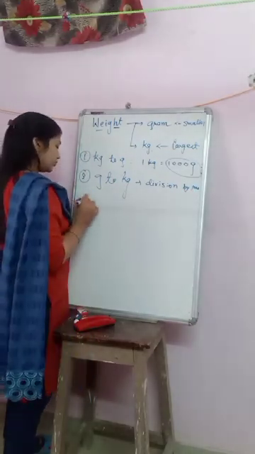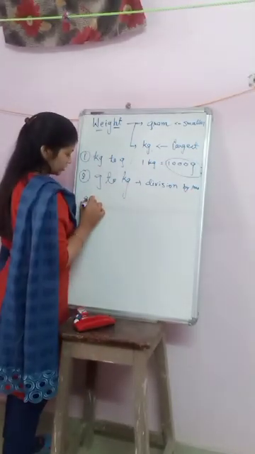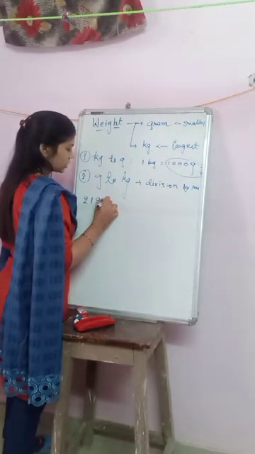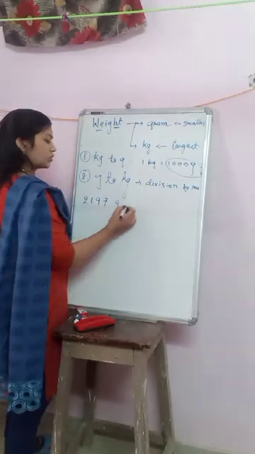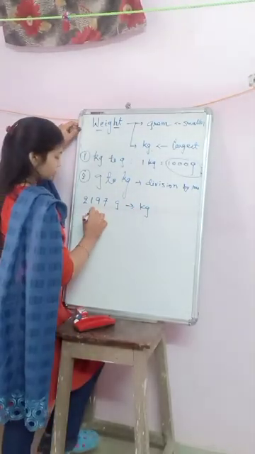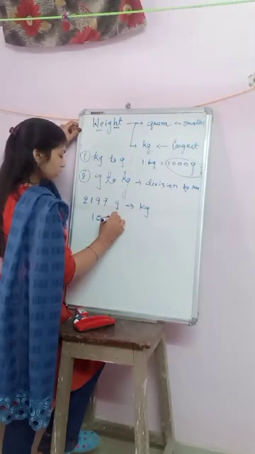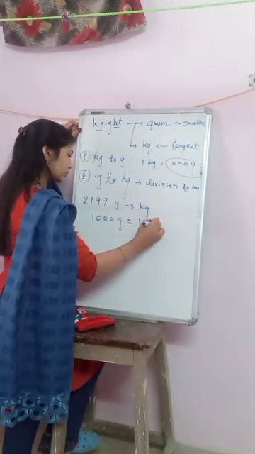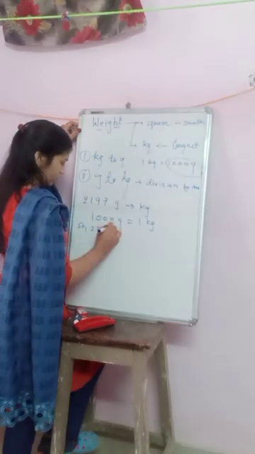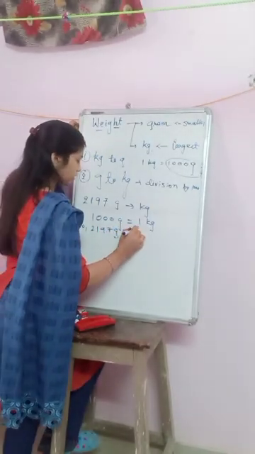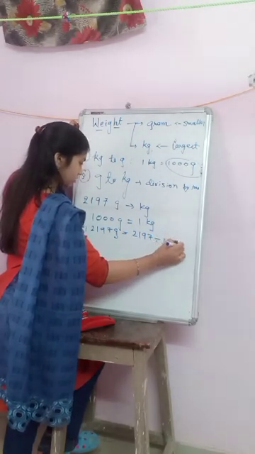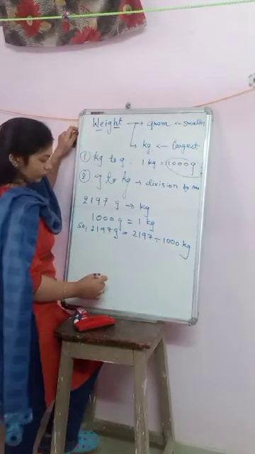For example, 2197 ग्राम, इसको हमें कन्वर्ट करना है किलोग्राम में. तो हम क्या करेंगे, सिंपली फर्स्ट वी आर राइटिंग 1000 ग्राम इक्वल्स टू 1 किलोग्राम. So 2197 gram equals 2197 divided by 1000 kilogram.